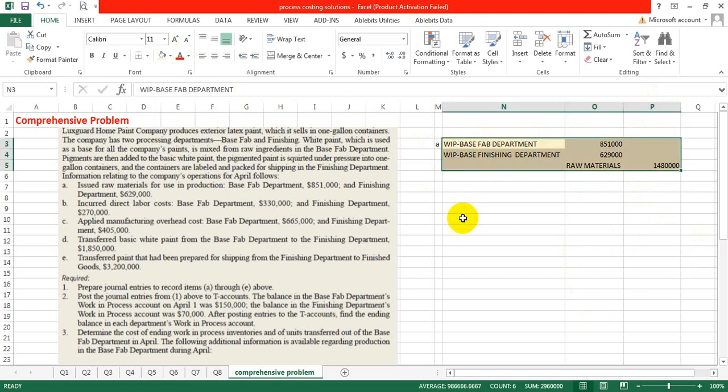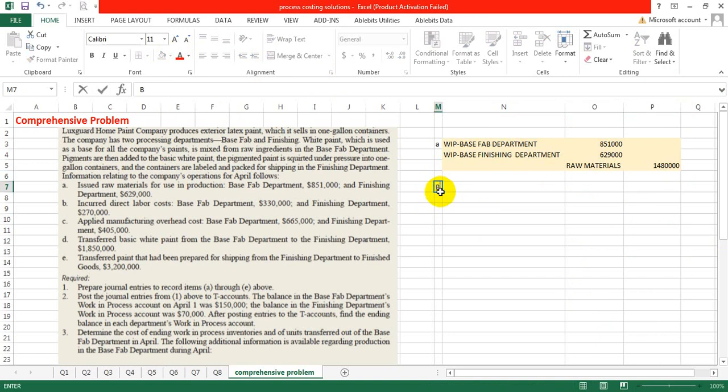Now the second entry, that is B, right. Incurred direct labor cost, base fab department 3,30,000 and finishing department 2,70,000. In the base fab department the total labor incurred is 3,30,000 and in the finishing department it is 2,70,000. So we will again record the entry to work in process.